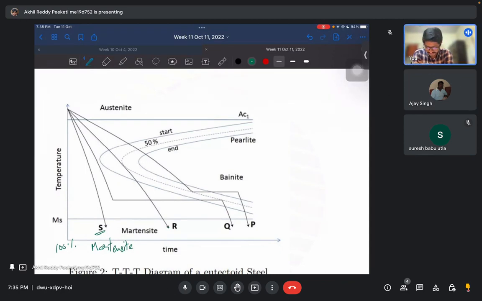These graphs are supposed to show sudden changes, so you are not allowing bainite to form. So this would also be 100% martensite. But what about Q? In Q, you are allowing bainite to form from austenite. At this point, there will be 50% bainite and 50% austenite. So this would give you 50% martensite plus 50% bainite.